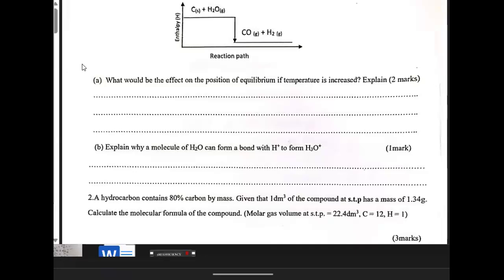Explain why a molecule of water can form a bond with a hydrogen ion to form hydroxonium.